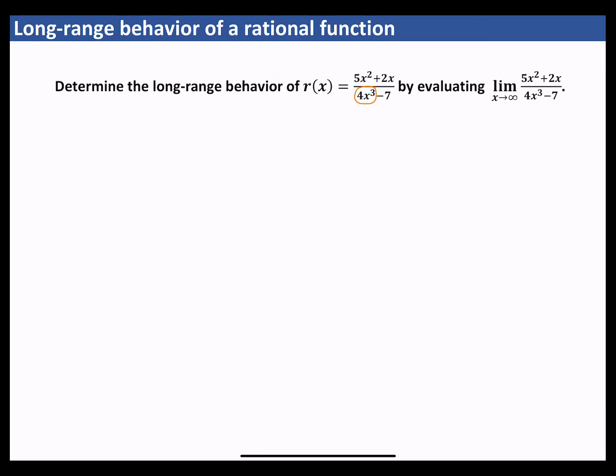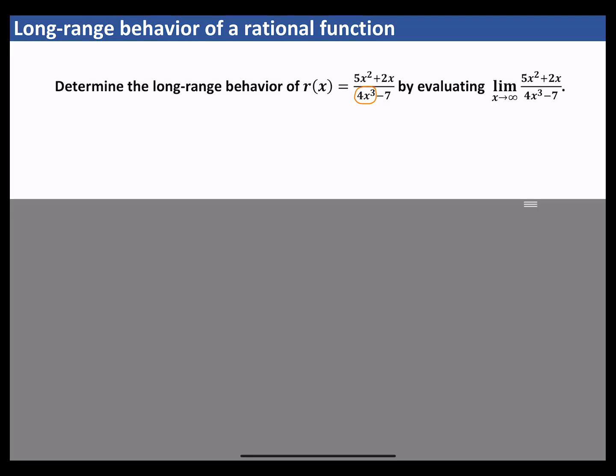Specifically, what we're going to do is take the largest power in the whole problem that we saw, x cubed, and we're going to multiply the numerator by 1 over x cubed, and then we're also going to multiply the denominator by 1 over x cubed.